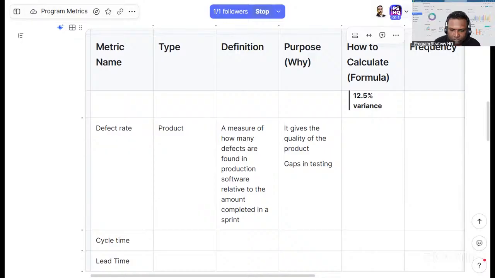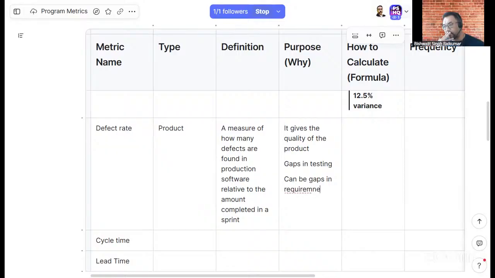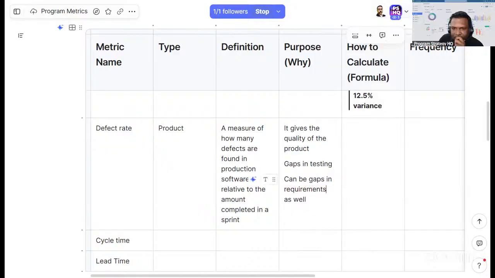There can also be gaps in requirements as well. I'll just put it like this. It's possible to have this kind of requirements slippage.